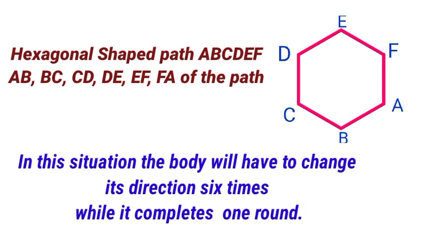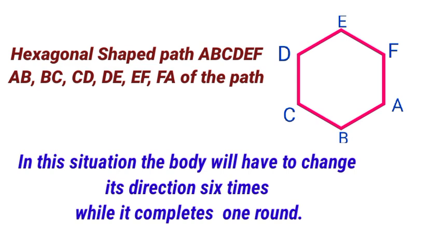Now suppose instead of a rectangular track, the body is running along a hexagonal shaped path, that is ABCDEF, as shown in the diagram. In this situation, the body will have to change its direction 6 times while it completes one round.